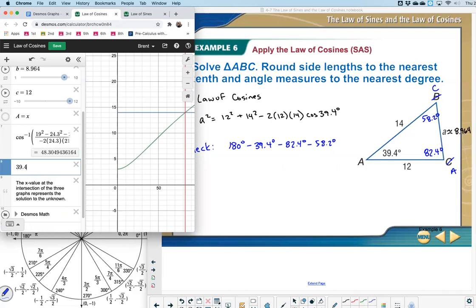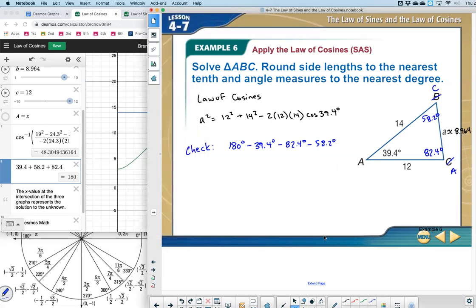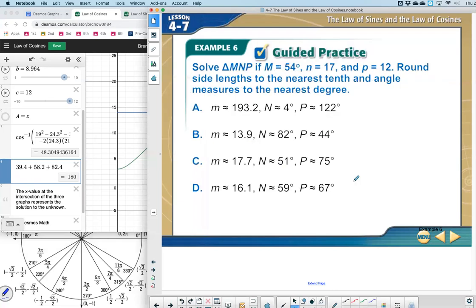I should have just said 39.4 plus 58.2 plus 82.4. 180 on the dot. So we did do it correctly. All right, so there is using law of cosines, even if you don't have all three side lengths, if you do have an angle to begin with. All right, so I have this one for you to try.